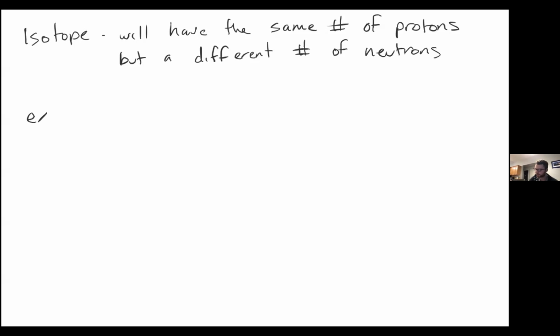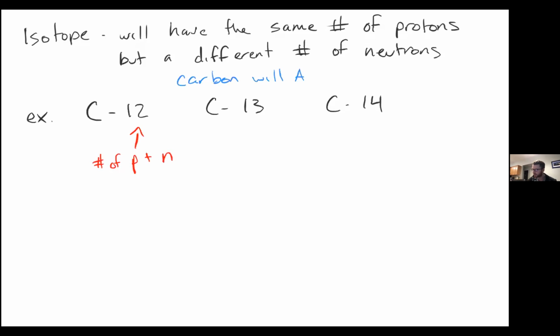Okay, so for example, we could have carbon 12, carbon 13, and carbon 14. These are 3 pretty common isotopes of carbon. So remember, this will tell us the amount of protons and neutrons. Carbon will always have 6 protons.